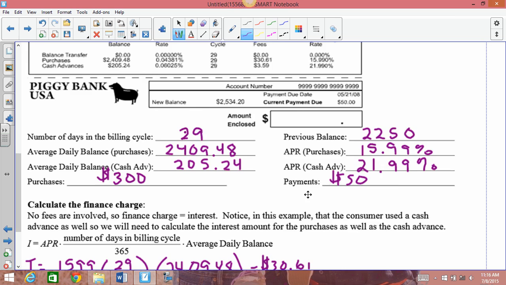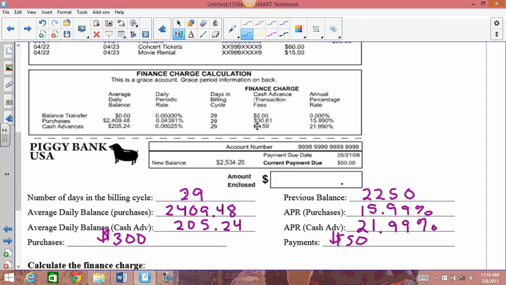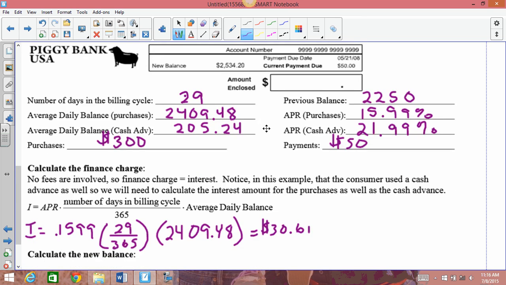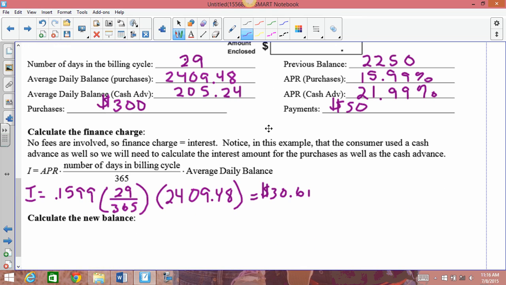That definitely checks out with the amount that they were showing here in our activity part. You would do the same thing for the cash advance. So the cash advance would be I equals its APR, 0.2199, times 29 days over 365, times the cash advance amount of $205.24.